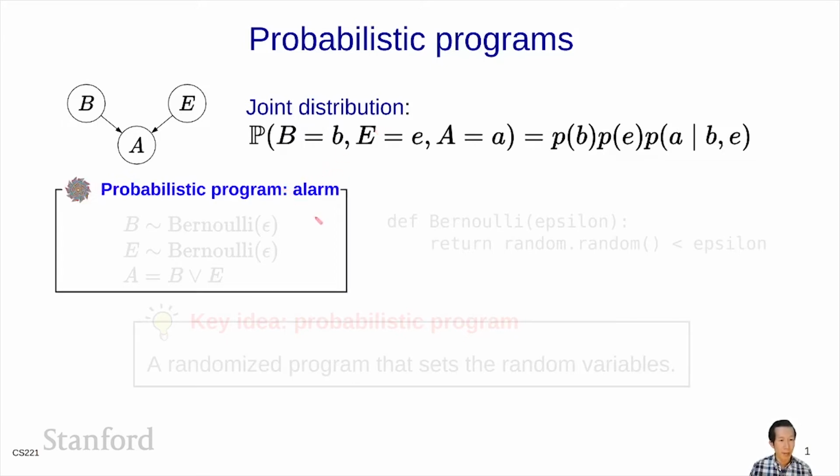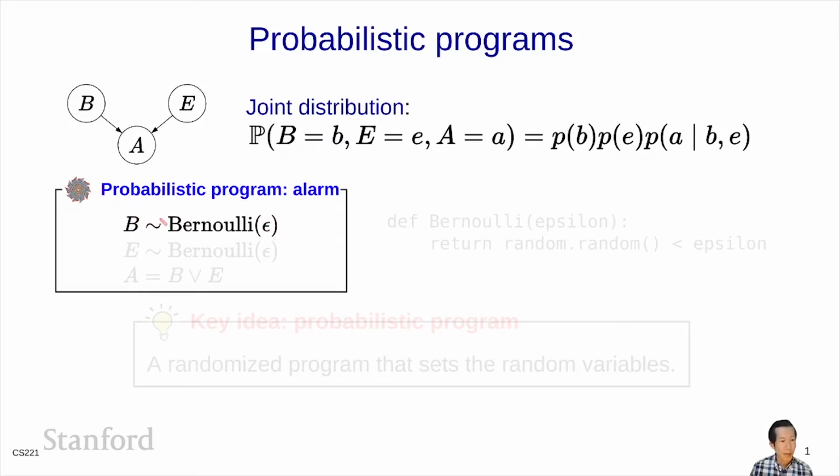Let's go through this example. So let me write a short program that I claim is going to be equivalent to writing down either this equation or drawing this graph. So here it goes. First, I'm going to draw B from a Bernoulli distribution.